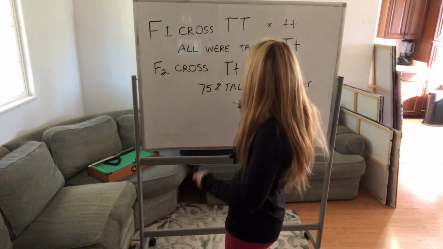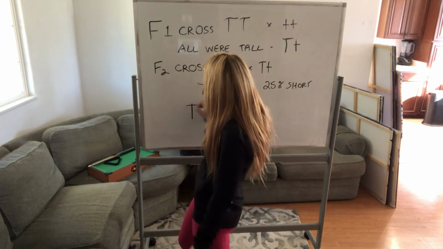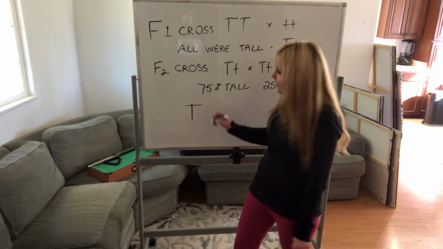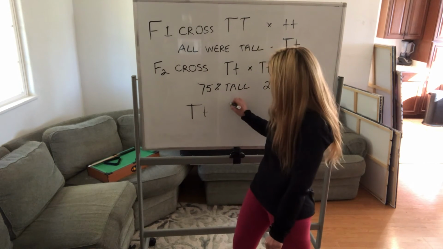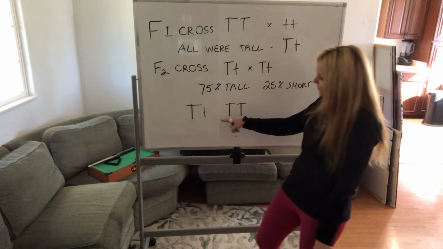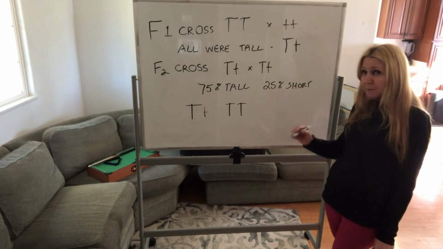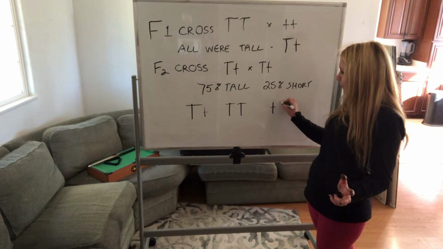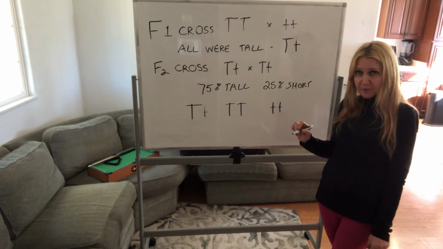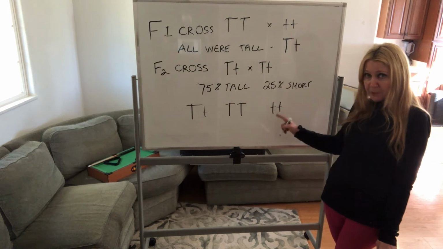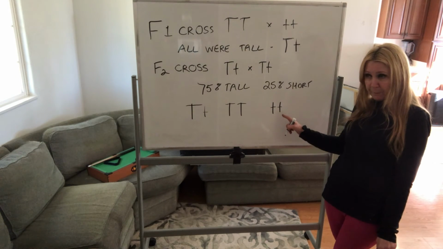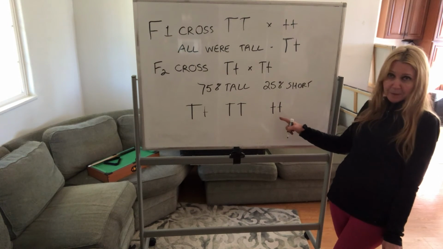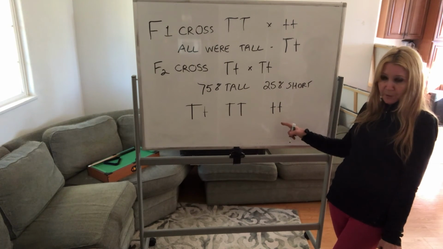So if a plant has big T, even if it just has one of them, it's going to be tall because that's dominant. So these are tall plants, these 2. The only way it will be short is if it has 2 recessive alleles, which are the lowercase t's. So this plant will be short, but it will not be short if there were a big T here. It doesn't have a big T, so it's short.